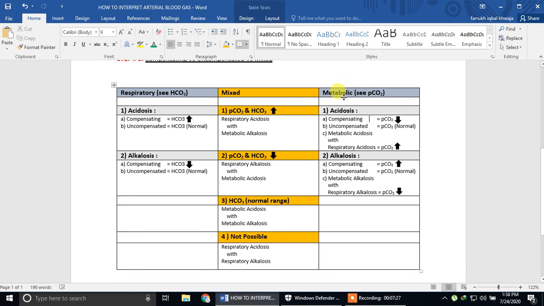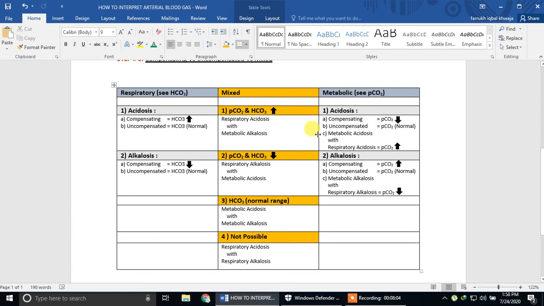So the lungs have to excrete more and more carbon dioxide by hyperventilation, because carbon dioxide combines with water and forms carbonic acid, so it is considered an acid. So it is compensating. If it is decreasing, it is compensating; if it is normal, it is uncompensated. Overall the composition is similar, only the arrows change.